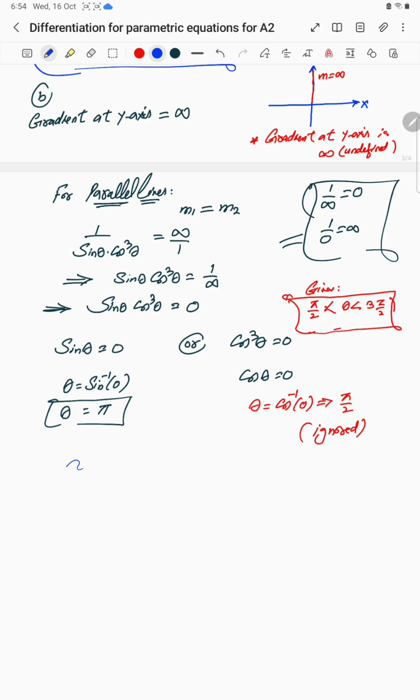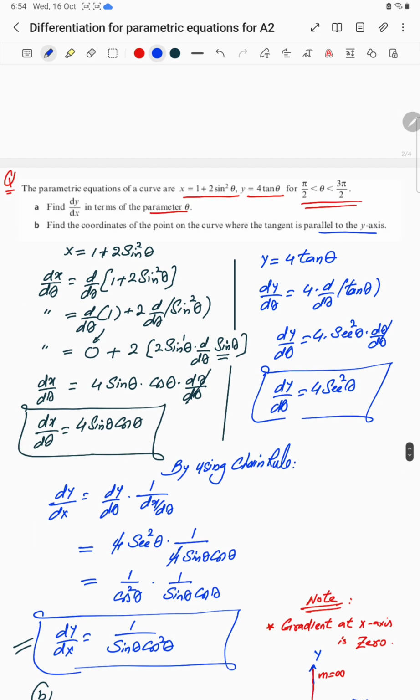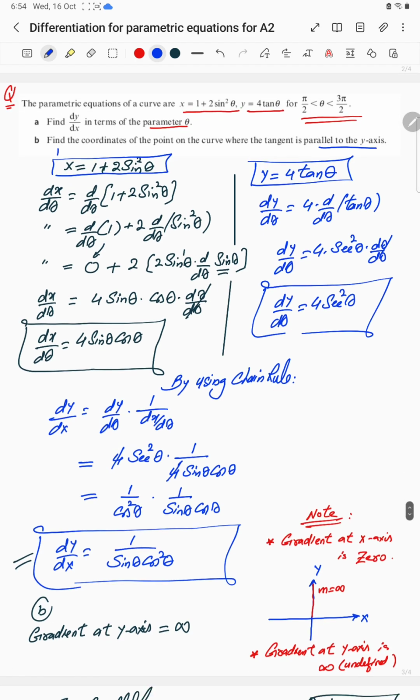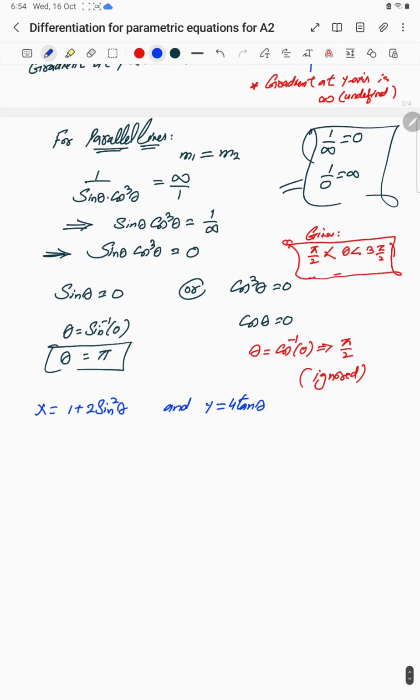So we have to find the coordinates. x was given to us in the form of 1 plus 2 sine square theta, and y was 4 tan theta. I need to substitute the value of theta to find the coordinates. At theta equal to pi, x is equal to 1 plus 2 sine square pi. Sine pi is 0, so x is 1.